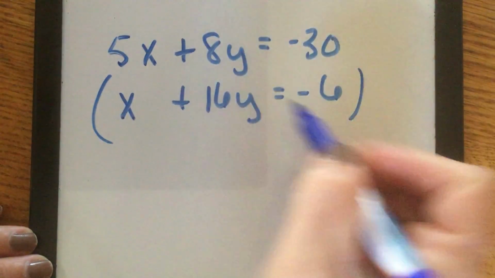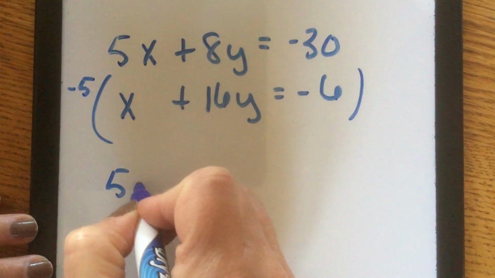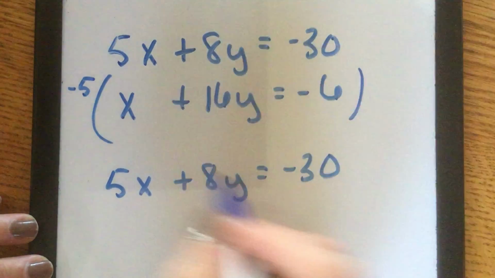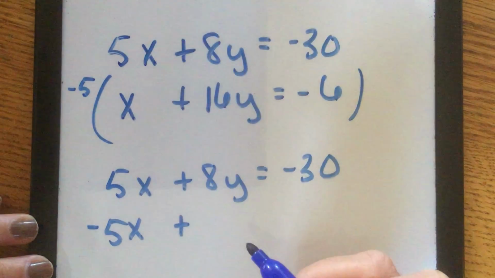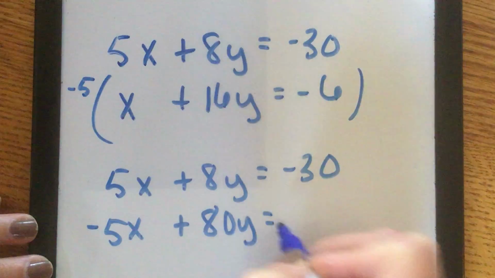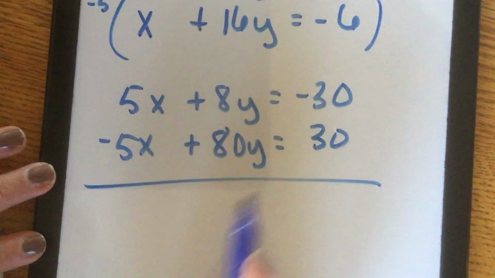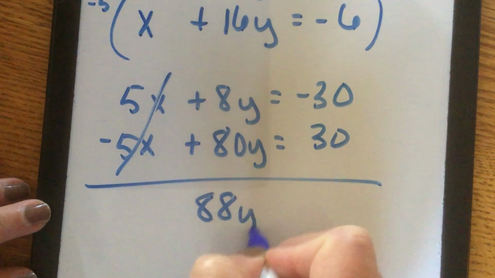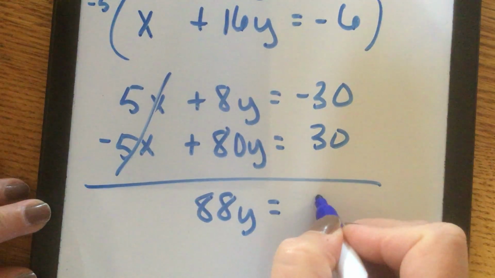I'm going to multiply this by a -5. So my top equation stays 5x plus 8y is equal to -30. The bottom becomes -5x plus 80y is equal to positive 30. So my x's cancel out. 8 plus 80 is 88, so I have 88y. And then -30 plus 30 is 0.